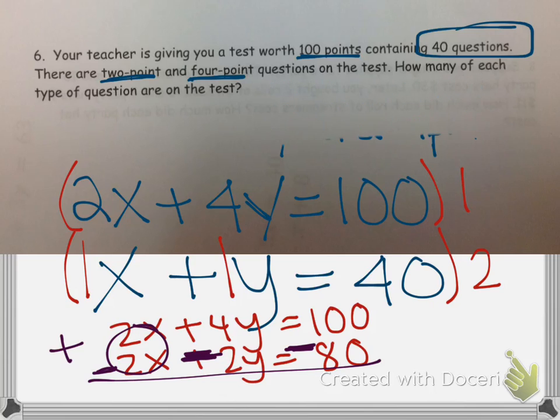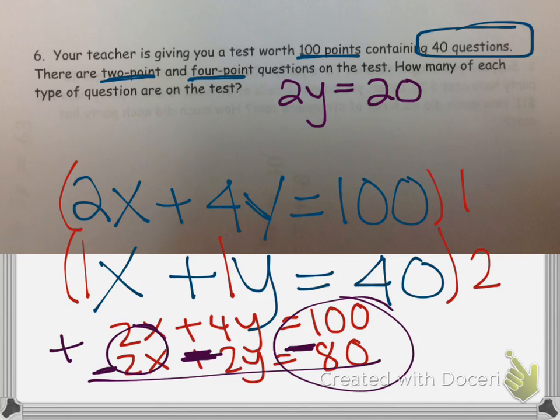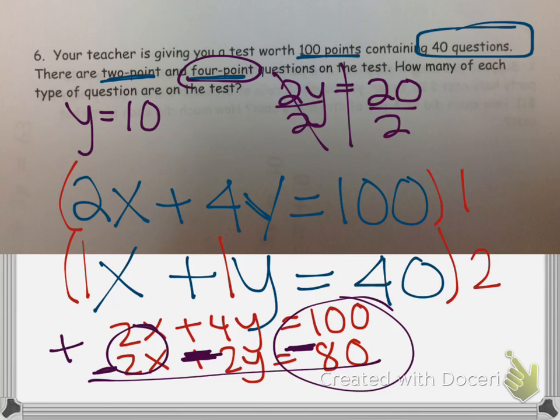I'm going to write this up here. So positive 2y equals 100 and negative 80 make 20. And then just divide out the 2. So y equals 10. And what that really means is there's 10 questions that are worth 4 points on the test.